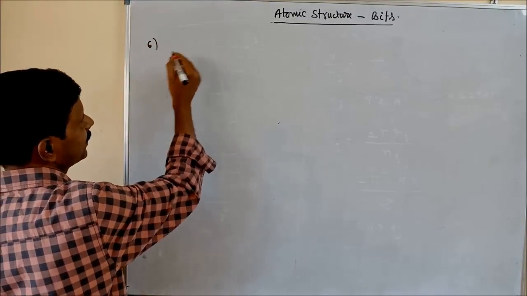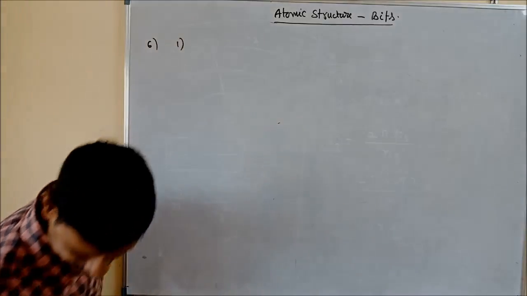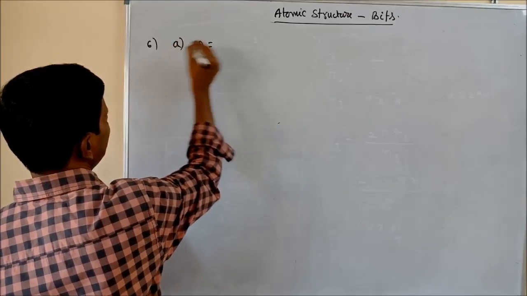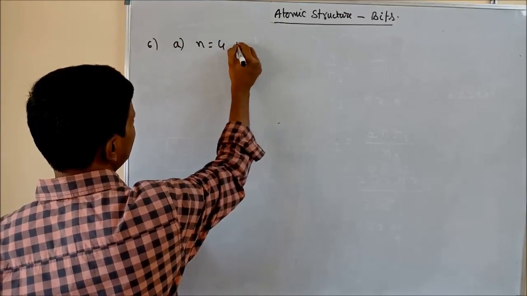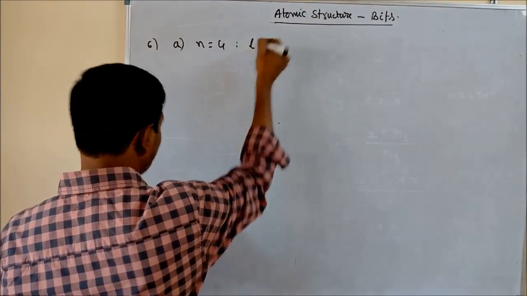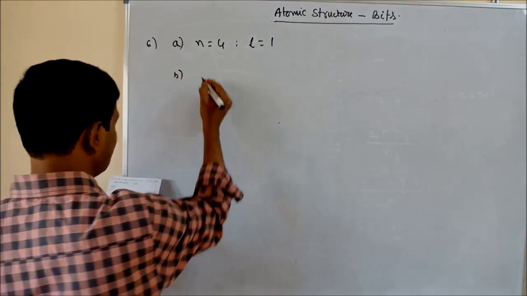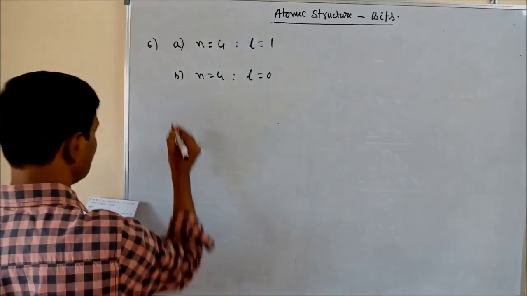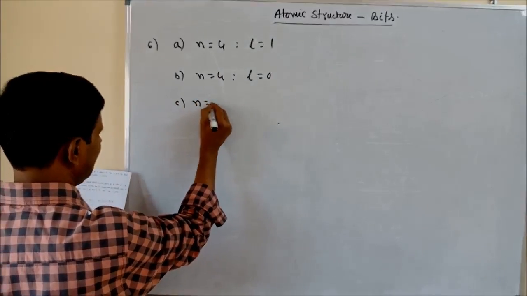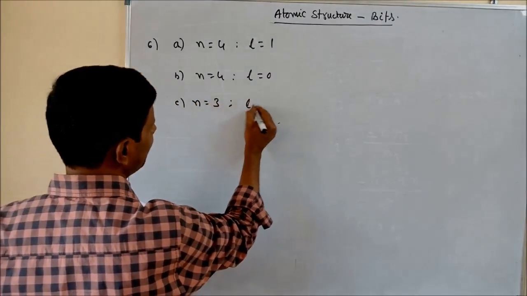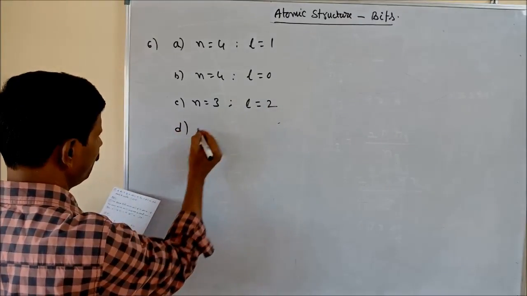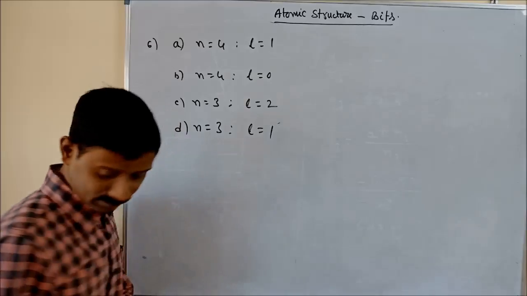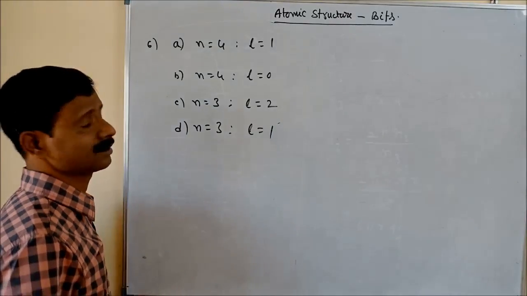That means for the first electron n equal to 4 and L equal to 1, the second one n equal to 4 and L equal to 0, the third one n equal to 3 and L equal to 2, and the fourth one n equal to 3 and L equal to 1. So these are the 4 electrons.